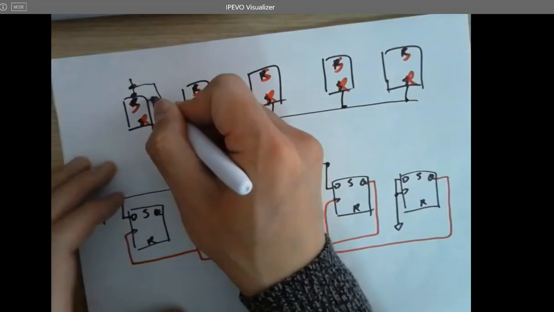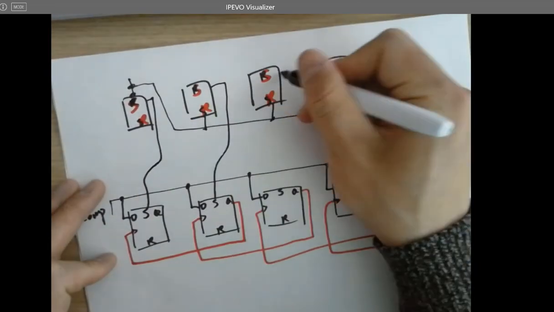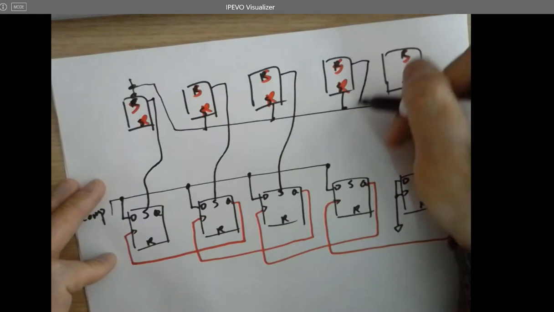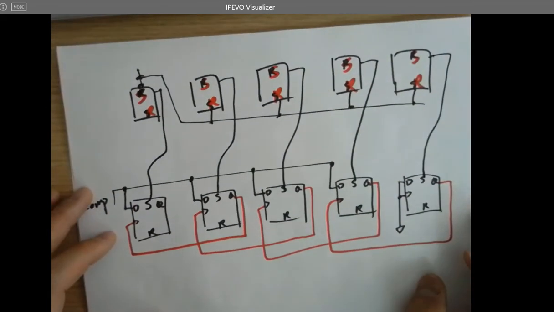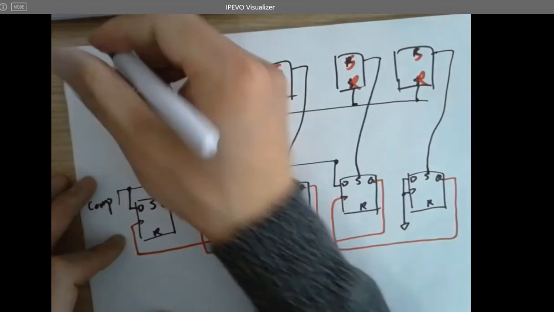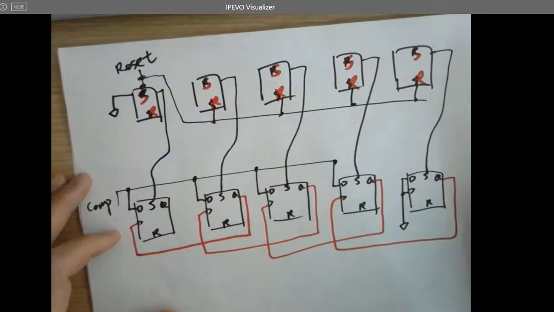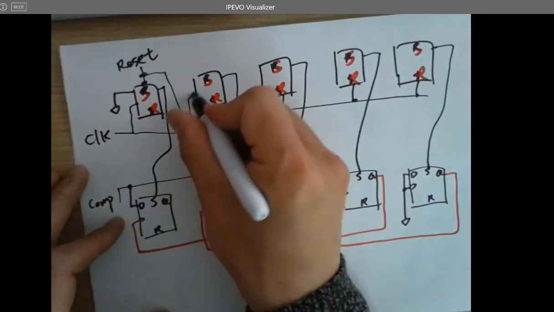And the Qs are being sent to set. Why does that make sense? And D is being shorted to the ground. And definitely clock is triggering all of them at the same time.